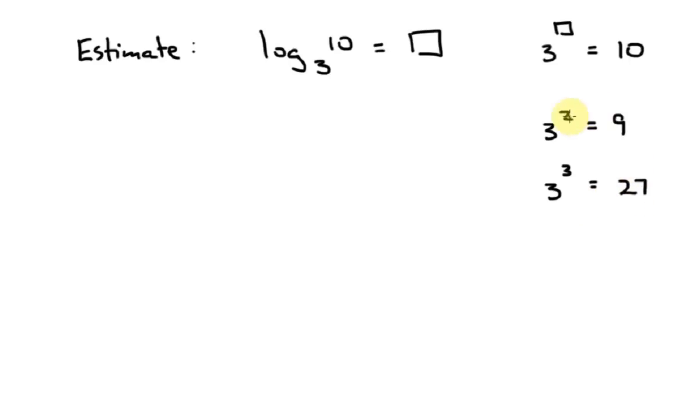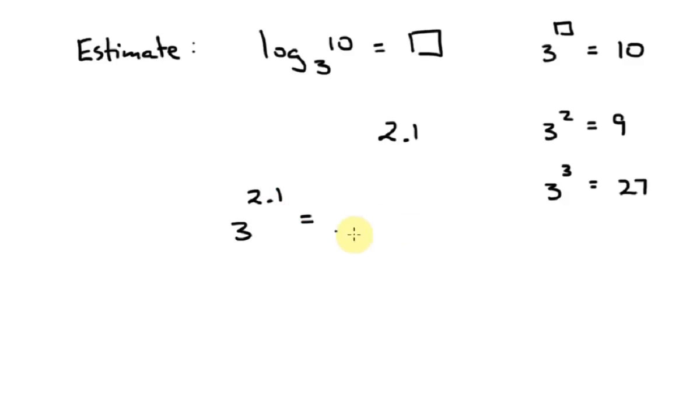So if I want to keep the exponent pretty close to the 9, just a little bit bigger, wouldn't 2.1 be a pretty reasonable guess? How could I check it on the calculator? It's really easy. I just try 3 raised to the 2.1 and see what we get.